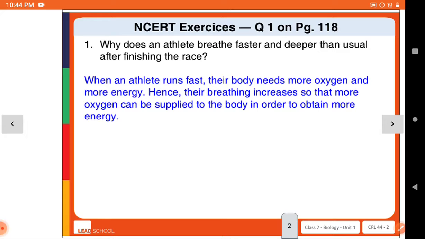So breathing increases rapidly and more oxygen is supplied to the body to obtain energy. So that is the reason why an athlete breathes faster.